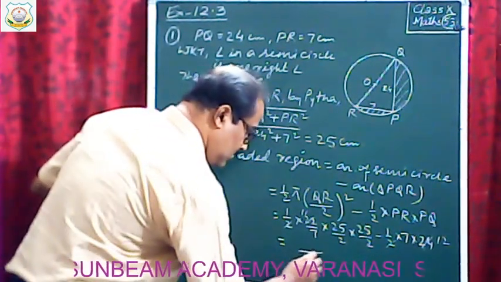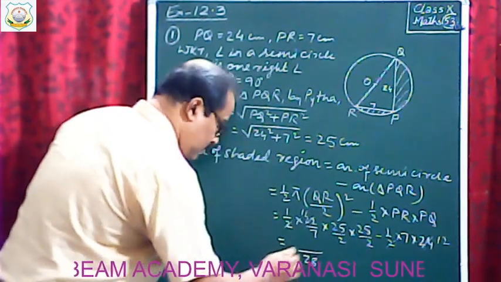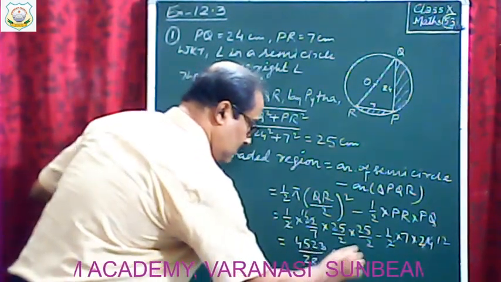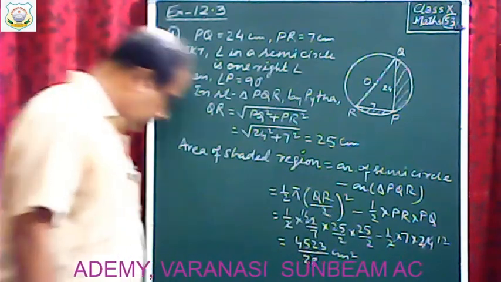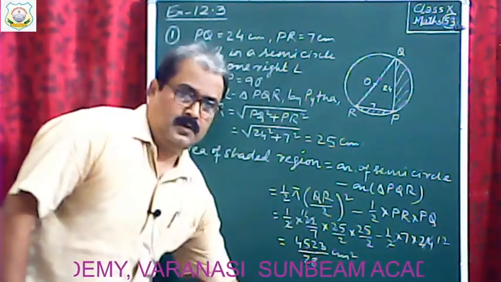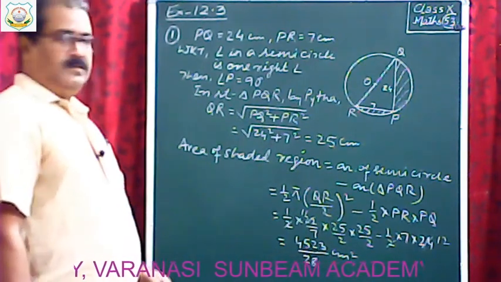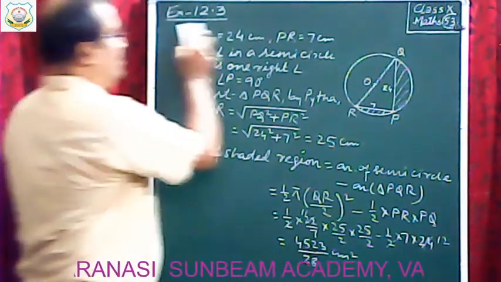Denominator 28, finally 4,523 centimeters square. Okay, so question number 1 is done, everybody. Let me clean the board for the next.